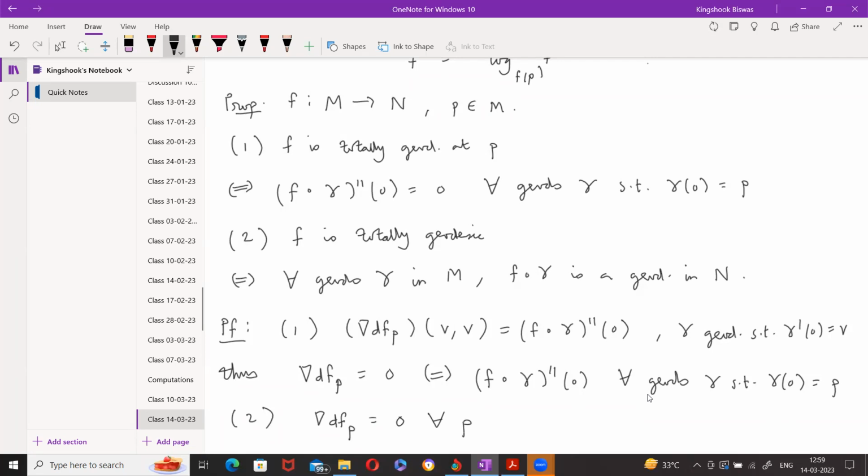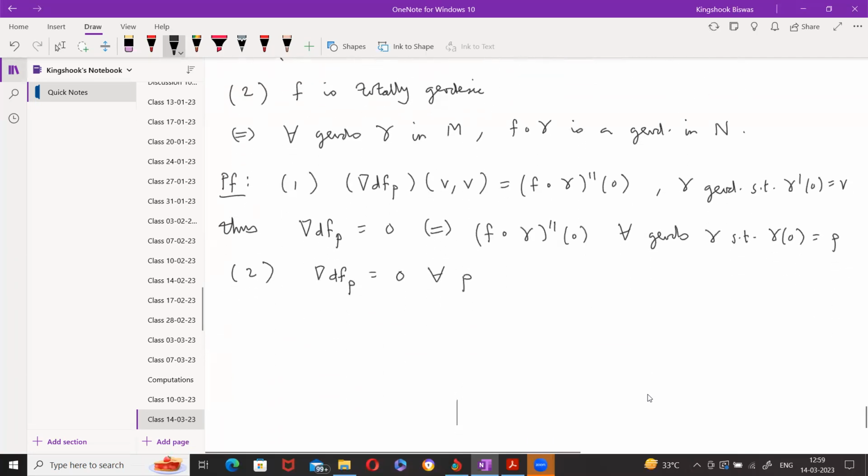This is if and only if (F composed gamma)'' (t) equal to 0 for all t, for all geodesics gamma in M, right? Yes? Yes.